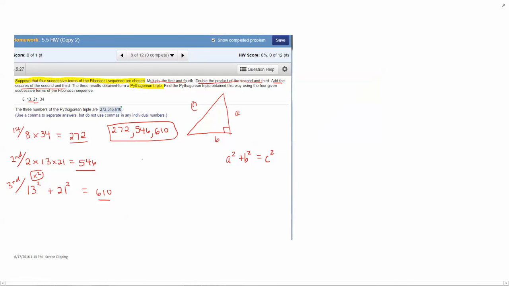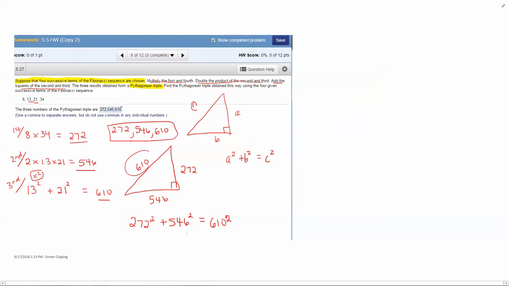Okay, now if you want to verify this, this means that for a right triangle, the largest side would always be this diagonal side, and the other two sides are the legs. If we do 272 squared plus 546 squared, it should equal the hypotenuse, or the diagonal side, squared.